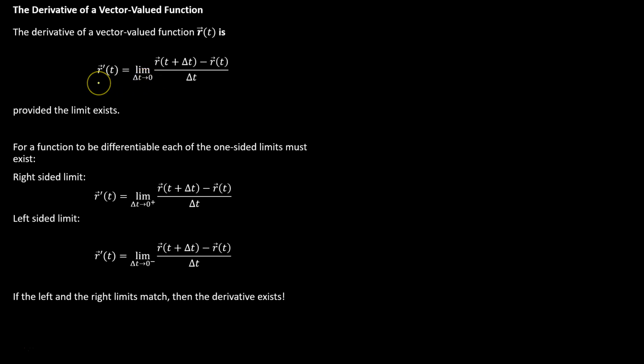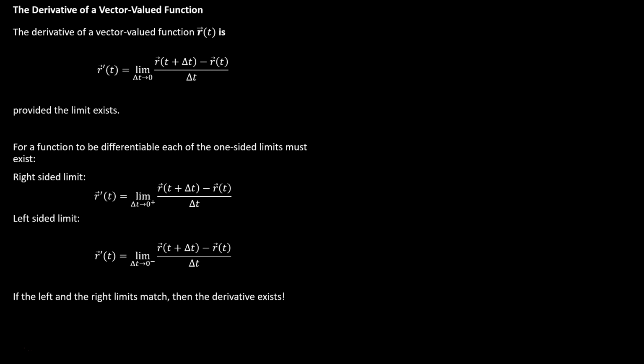Now, the derivative of a vector-valued function only exists if the function is differentiable. If a function is differentiable, the limit exists. That's always sounded circular to me, but what it basically means is that a limit does not exist if the left and right-sided limits do not match up.